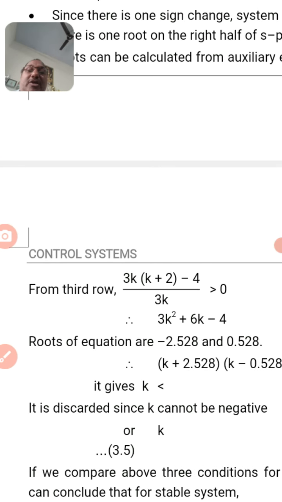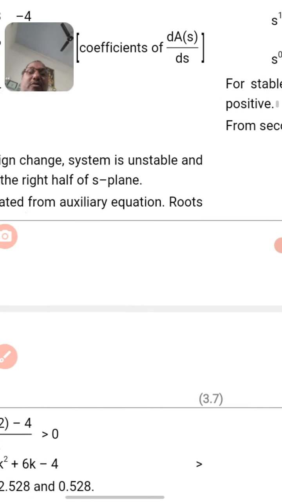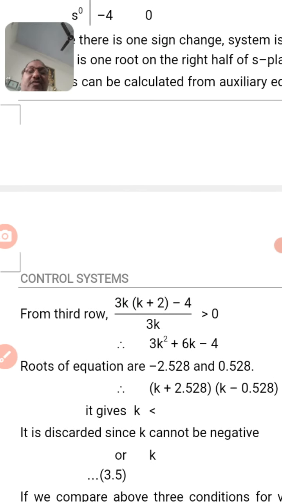And from the third row we also understand that 3k into (k plus 2) minus 4 upon 3k should be greater than 0. So by solving this we understand that 3k square plus 6k minus 4 should be greater than 0.